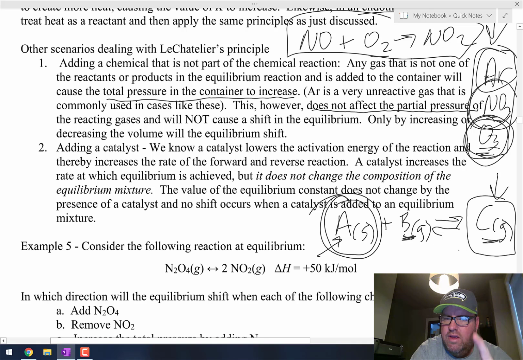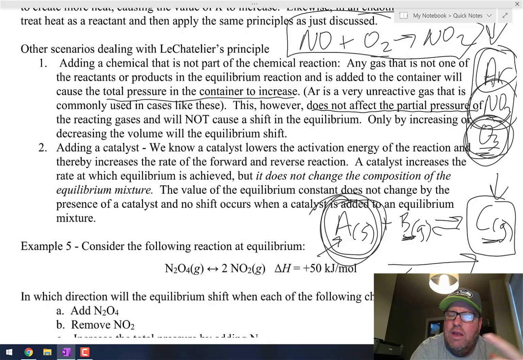But if a shift is going to occur either to the right or to the left, the amount of the solid will be affected by that, because it just means the reaction is happening. Adding more solid does not make the reaction shift in one way or the other. But again, if a reaction shifts towards the solid side, yes, the amount of the solid is going to increase. Or if it shifts away from the solid side, yes, the amount of the solid is going to decrease.